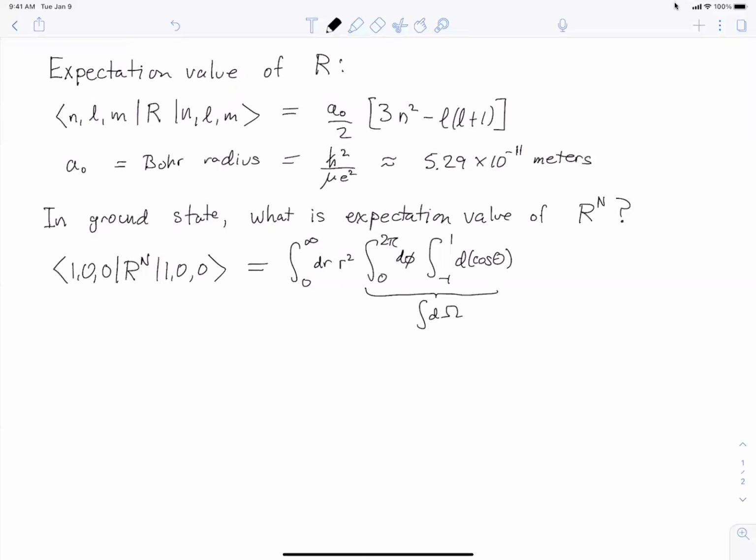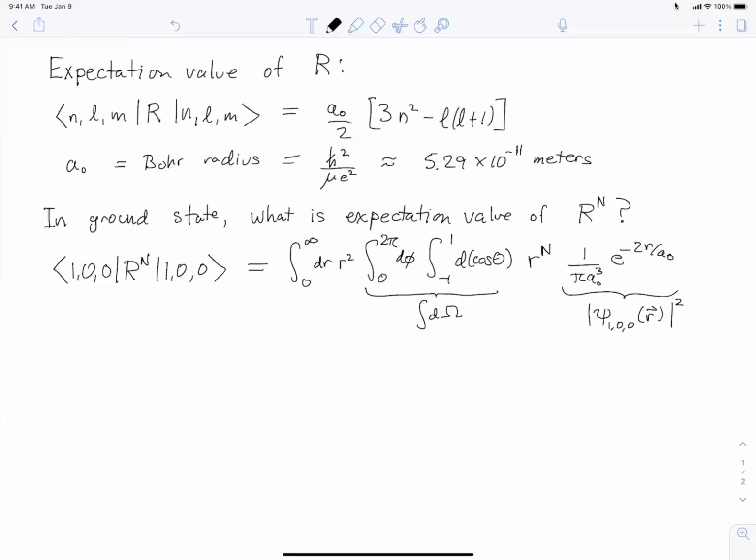Okay, and then in position space, the operator r to the n is the number r to the n. And then we are putting in the wave function squared, which is 1 over pi Bohr radius cubed times e to the minus 2r over Bohr radius. So this factor is the wave function for the ground state as a function of position squared.